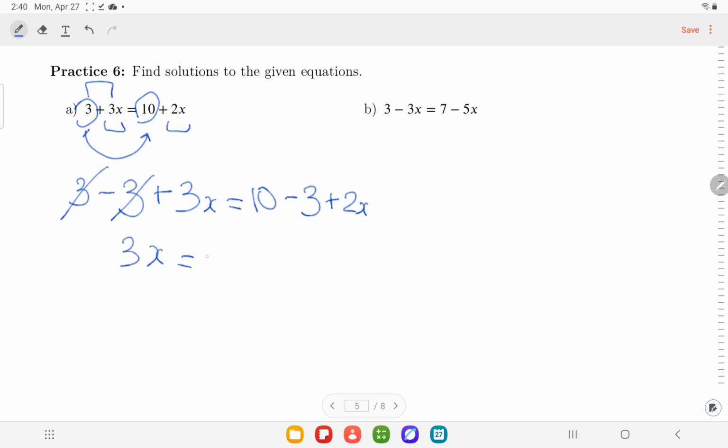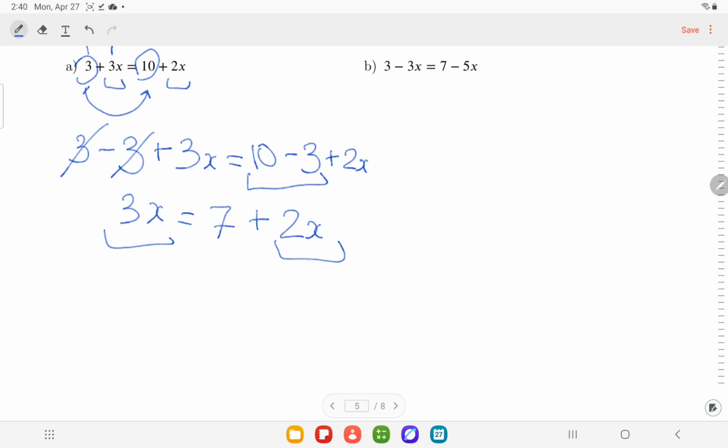So we will end up with 3x equal to 10 minus 3, and since they're like terms, we can combine them to get 7. And then now we want to combine the 3x and the 2x, and to do that, we can subtract 2x from each side. You can also subtract 3x from each side.